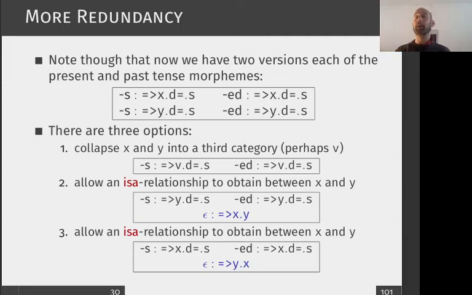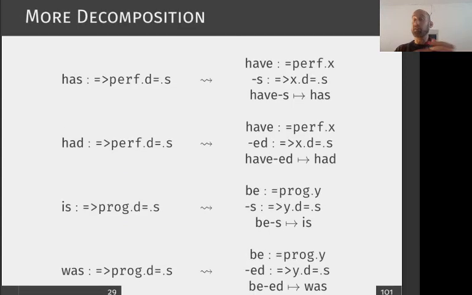Okay. We'd like there just to be one present tense marker and one past tense morpheme. So what can we do? Well, if we just get rid of one of them, then we're only going to be able to make has or had, but not is or was, or we're only going to be able to make is or was, but not has or had, right?